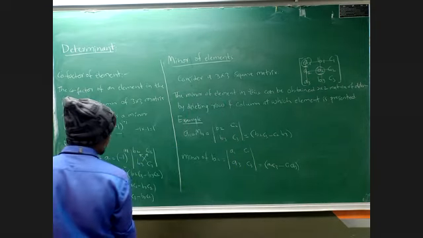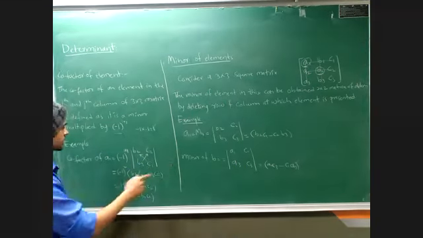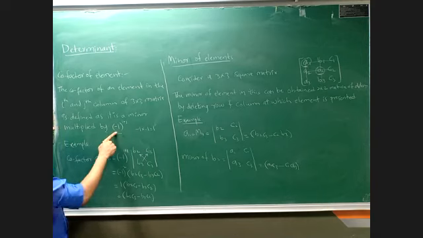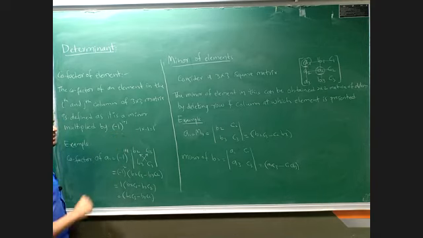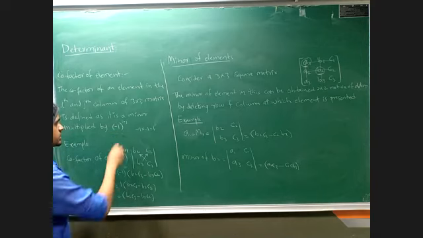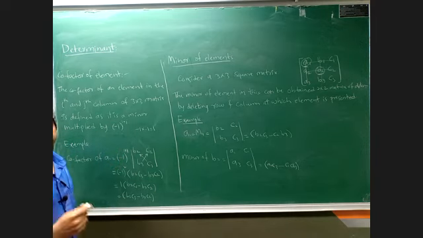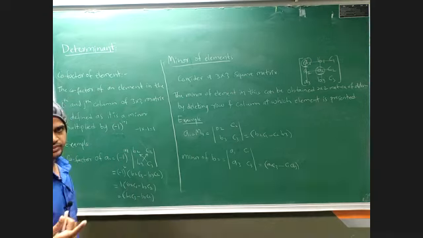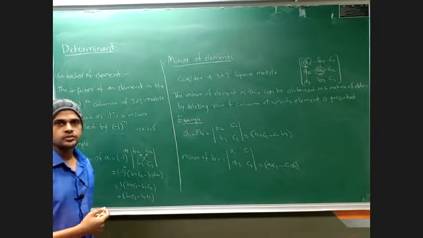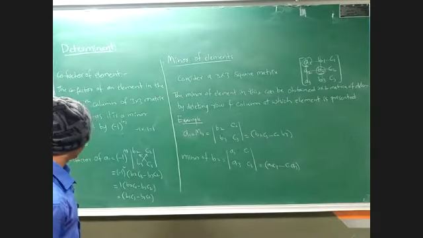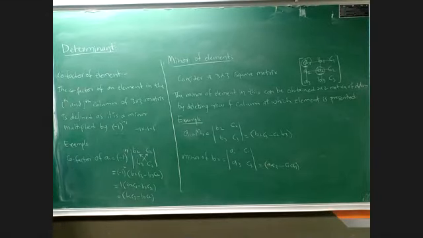So whenever we multiply the minors with this term, minus 1 to the power i plus j, where i is the respective row and j is the respective column, we will get the cofactor.